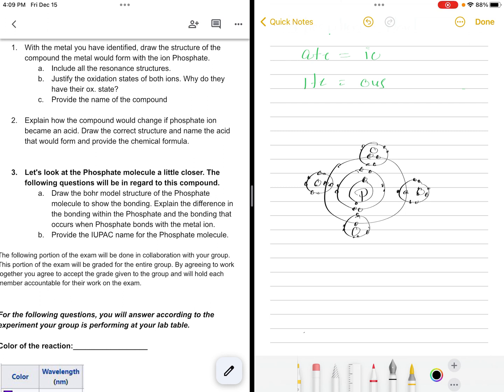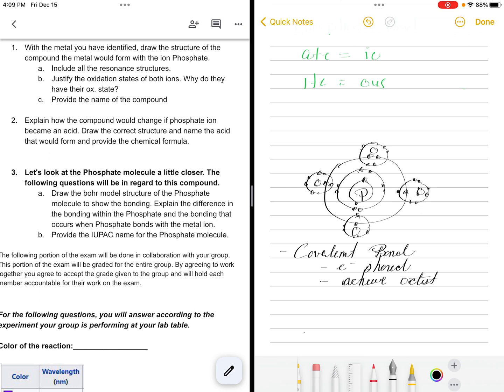Now, what's the difference? Well, within the molecule of phosphate, we have a covalent bond. That means here, electrons are being shared. They're being shared to achieve octet or a full shell, right?